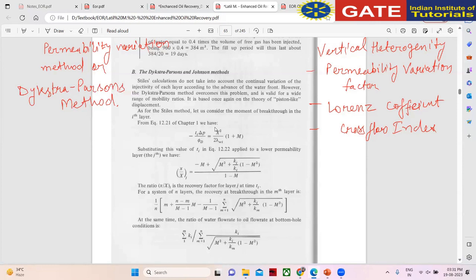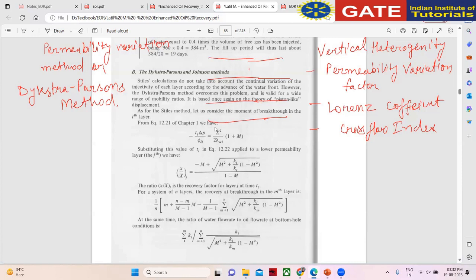We calculate the permeability variation coefficient. The assumption of this model is that the reservoir is represented by non-communicating layers, which do not communicate with each other, and gravity segregation is neglected. There are two assumptions.